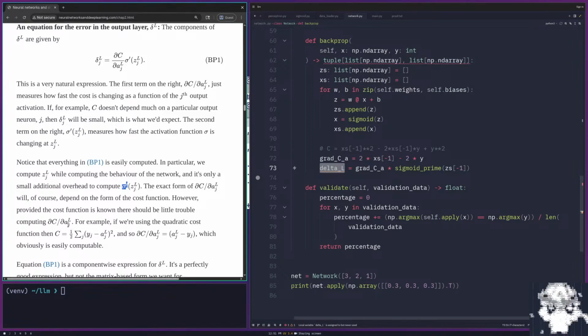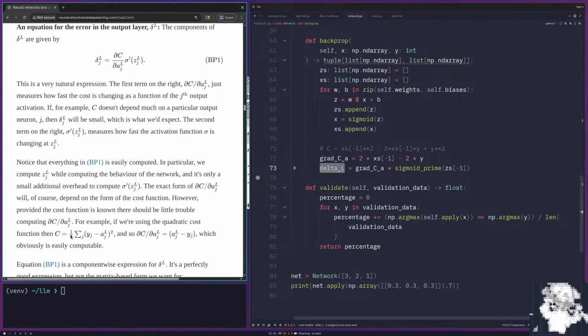to a^L_j. For example, if we're using the quadratic cost function, then C equals 1/2 times the sum over j of (y_j minus a_j) squared, and so derivative of C with respect to a is going to be equal to a minus y.